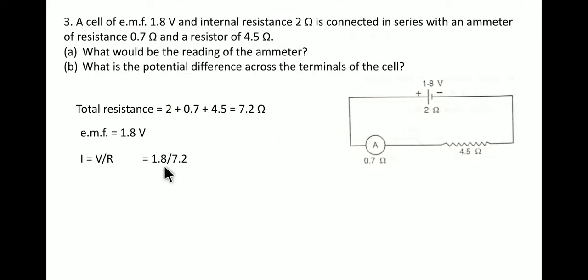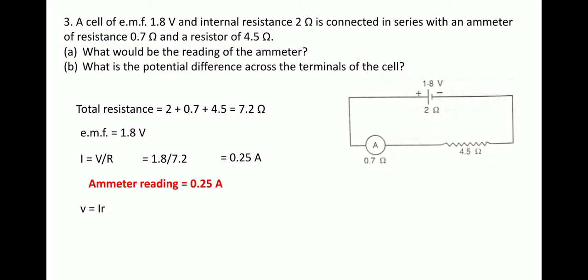1.8 is the EMF, divided by 7.2, which is the resistance. So 1.8 divided by 7.2 is equal to 0.25 ampere. Therefore the ammeter reading will be equal to 0.25 ampere. Now again, just like the previous case, since there is an internal resistance of 2 ohms, there will be some voltage drop.